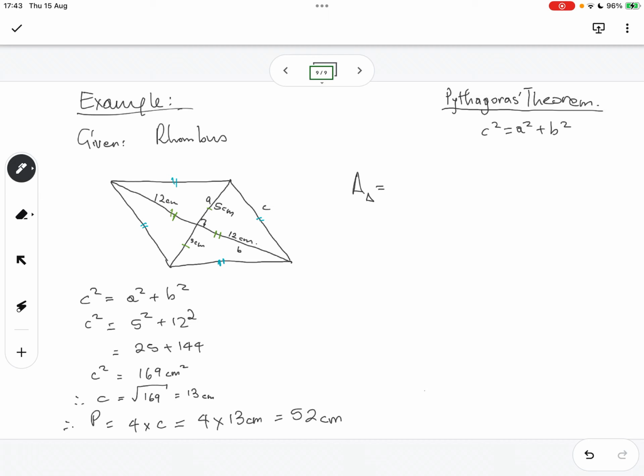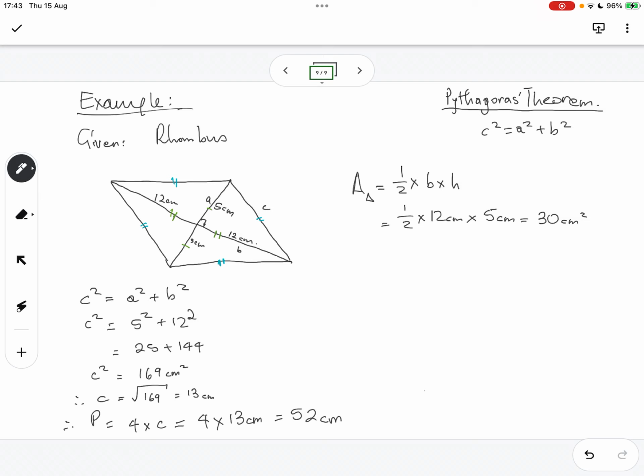So area of one triangle would be a half times the base times the height. And I'll take the 12 centimeter length as a base, and I'll take the 5 centimeter length as a height. And that will be 12 times 5 is 60, times a half is 30.